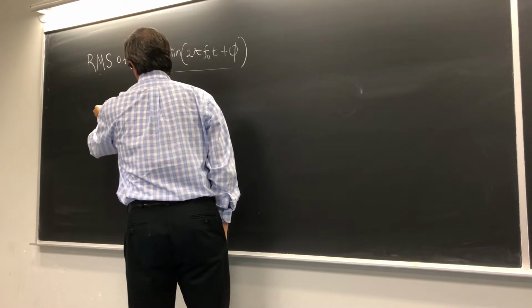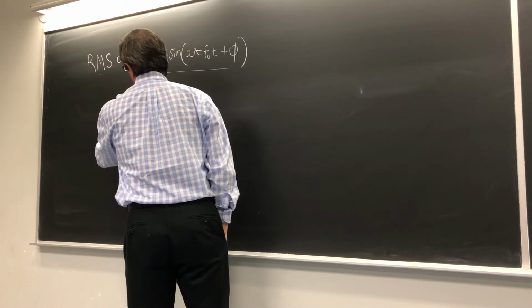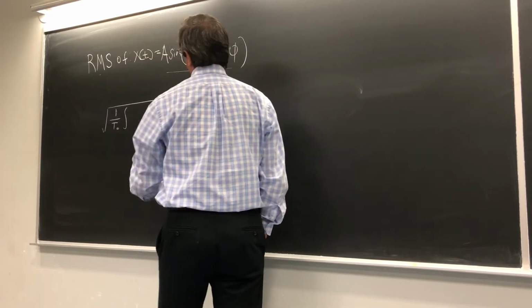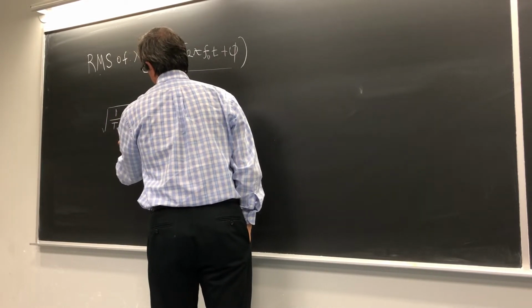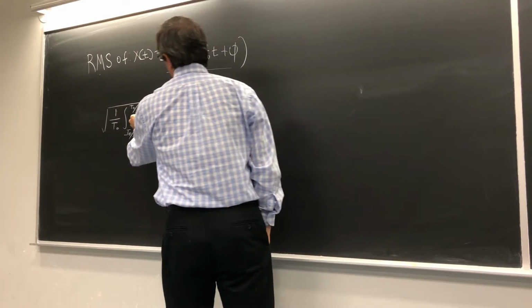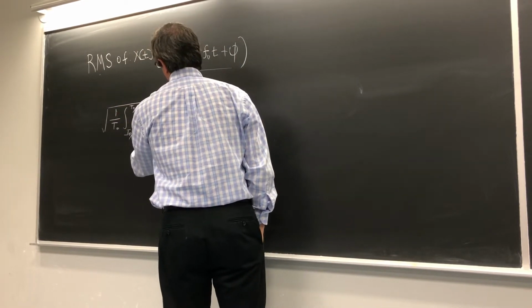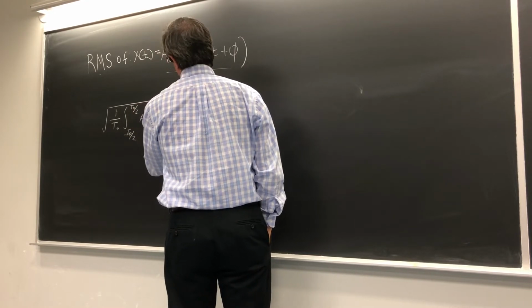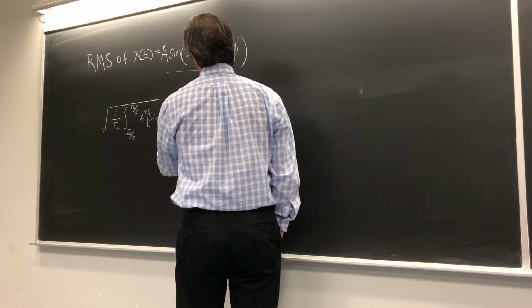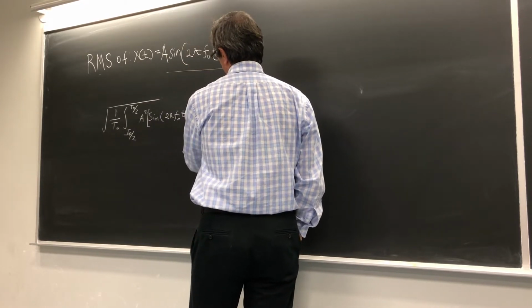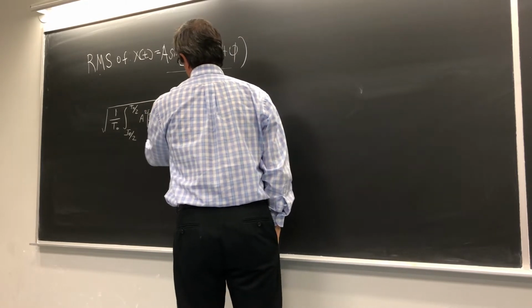So 1 over the period of the signal times the integral of that function over a single period. And then we've got a squared sine of 2 pi f naught t plus phi, squared dt.